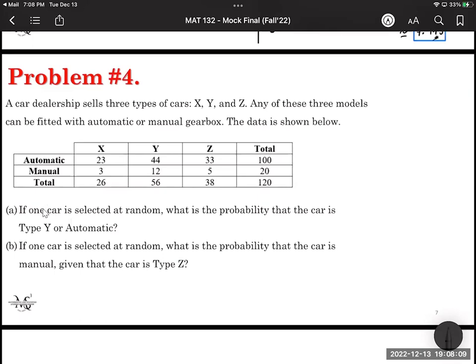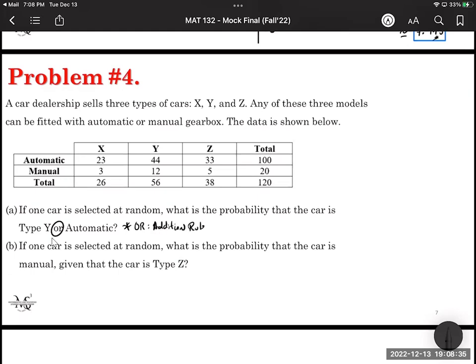Okay, so for part A, what is the key word when solving this probability? The word or. And what probability rule comes to mind when you hear the word or? Addition, that's right. So when you hear the word or, you refer to the addition rule.